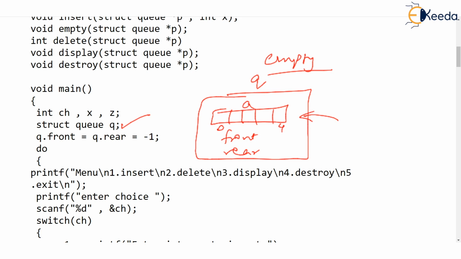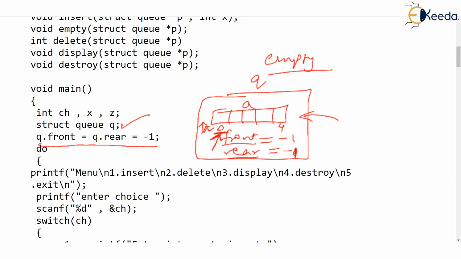In such a situation, front and rear must be -1. By making them -1, what we are telling is that even the 0th place is not filled. So front and rear are even before the 0th place. They are -1. That has been done on the next line: Q dot front and Q dot rear both have been made -1.